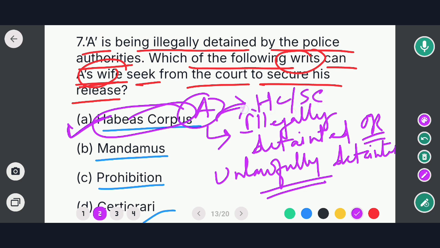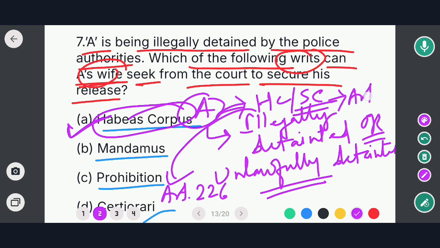If it is the High Court, then under Article 226, and if it is the Supreme Court, then under Article 32. Okay, so in this case option A would be the correct answer.